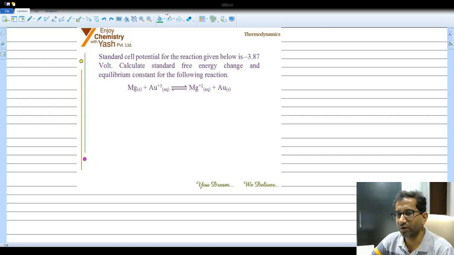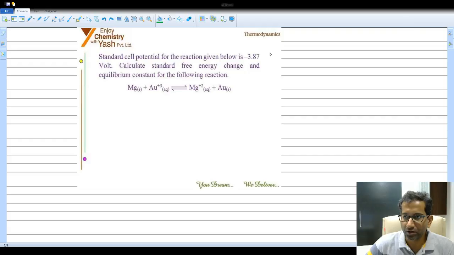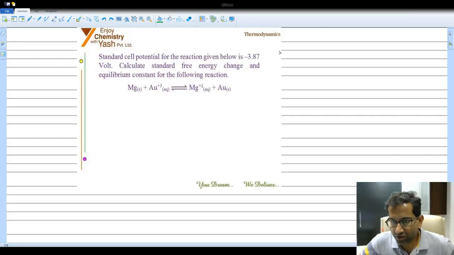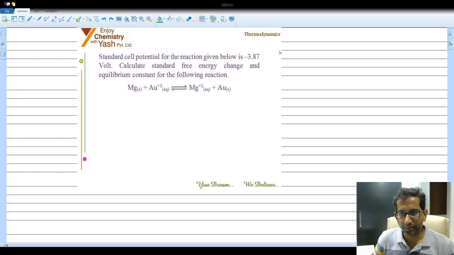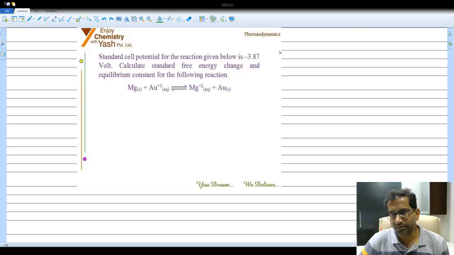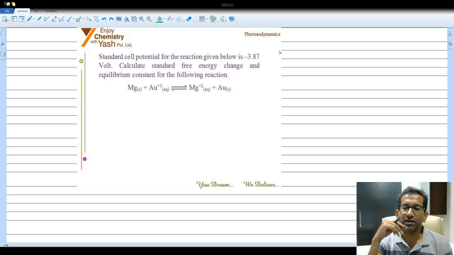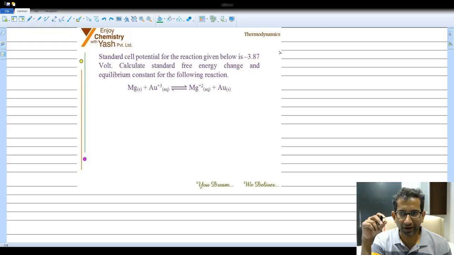Standard cell potential for the reaction given below is negative 3.87. Calculate standard free energy change and equilibrium constant for the following reaction: Mg solid plus Au plus 3 aqueous, reversibly Mg plus 2 aqueous plus Au solid.